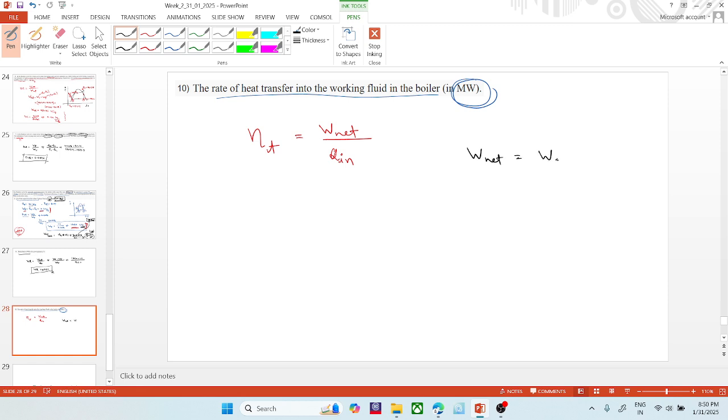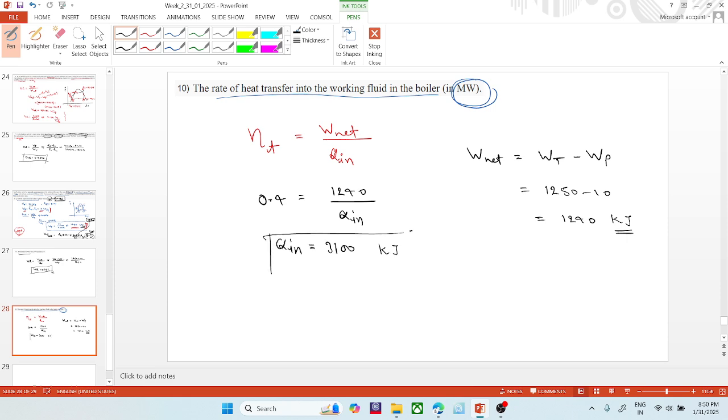W net is equal to W turbine minus W pump, which is 1240 kilojoule. So 0.4 is equal to 1240 divided by Q in. So Q in from here is 3100, but in kilojoule.